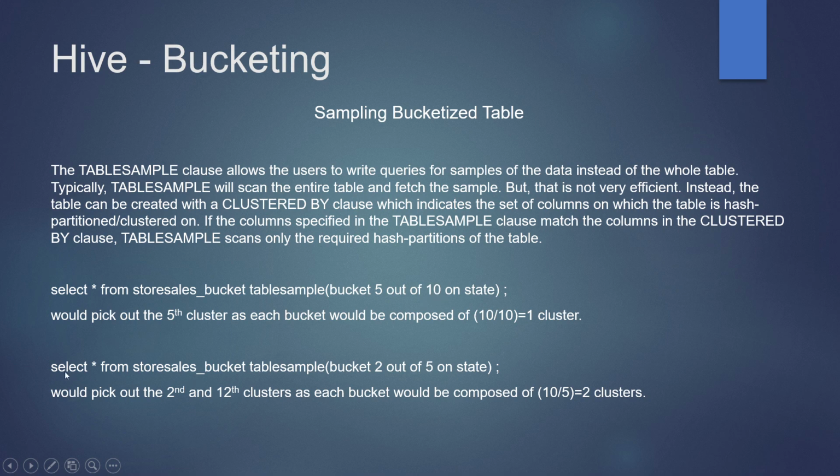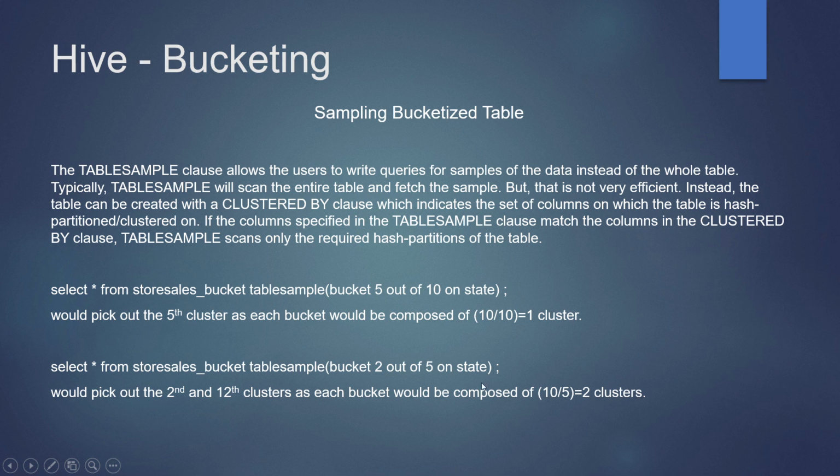In the same way, if we provide a query of table sample bucket 2 out of 5 on state, then it would pick out the second and 12th clusters, as each bucket would be composed of 2 clusters.